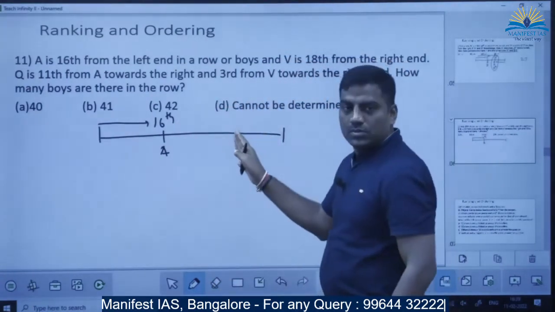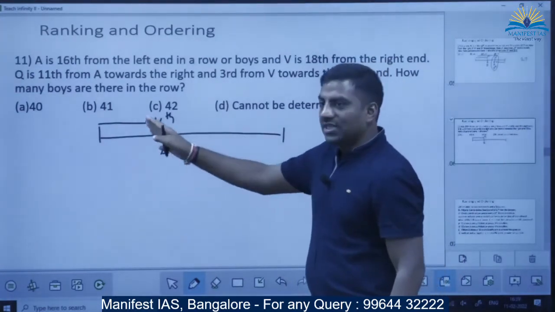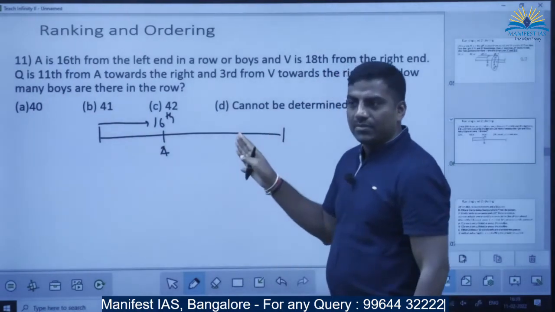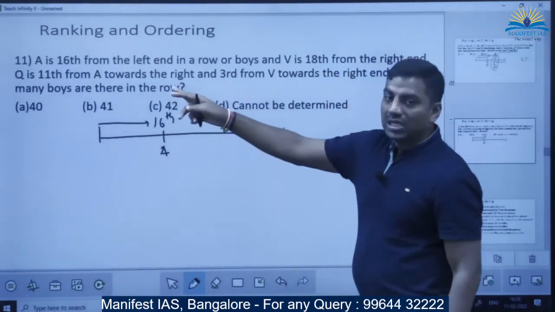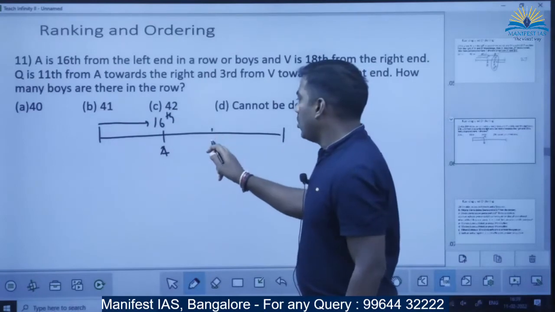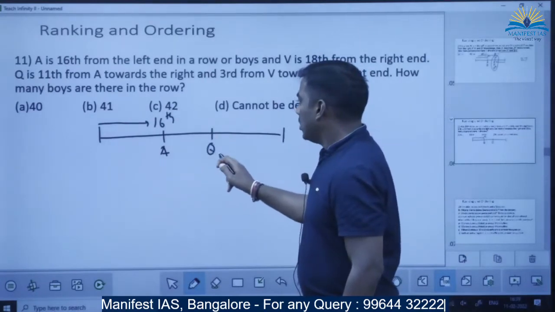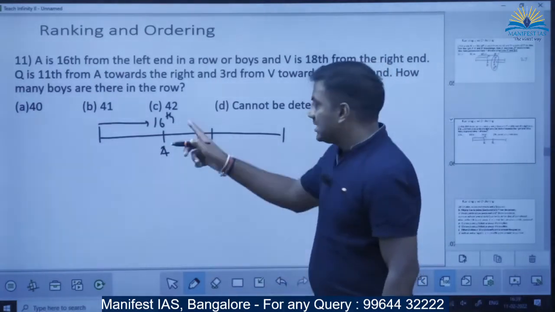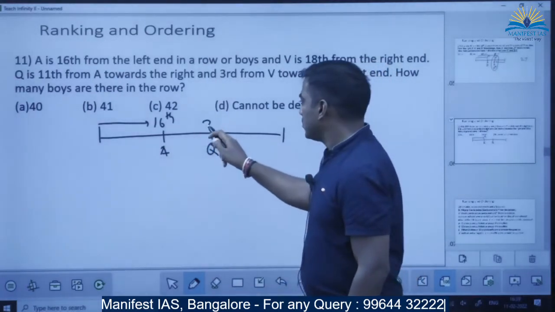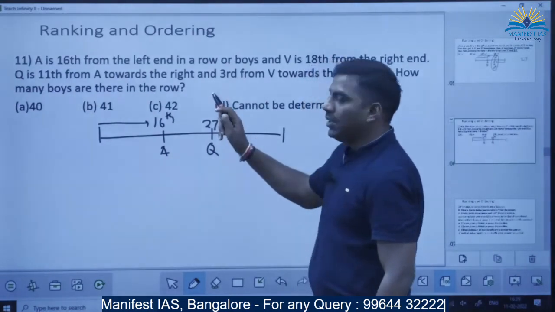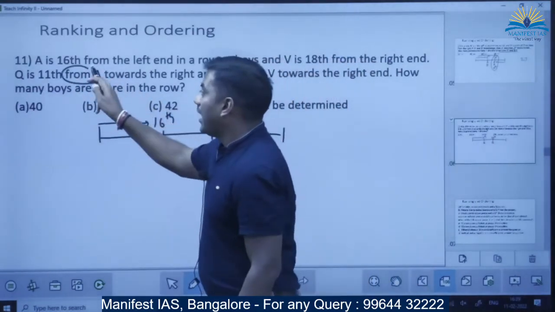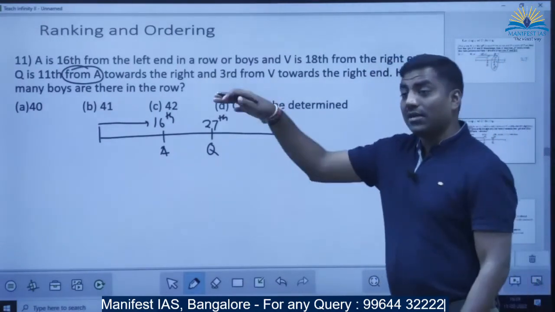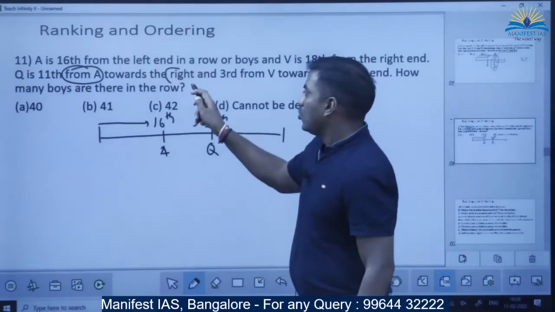So already A is 16th from left. From A, we are going towards right. How many positions? 11 positions. So now Q is in what position from the left? 16 plus 11. Here the very important words are from A. From A, it can be the other way also, but towards right.